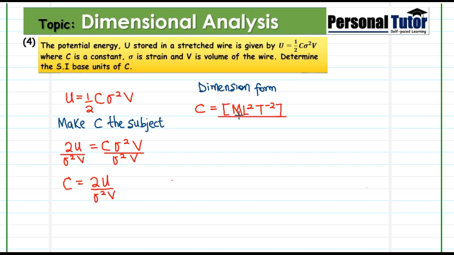For the denominator, sigma. The sigma here was said to be called the strain. And friends, maybe this is the first time you are hearing this. Strain has no dimension. It is 1. So it has not got any dimension because strain is extension over original length. And that cancels out. So strain also has got no dimension.